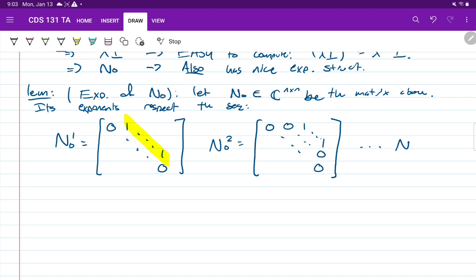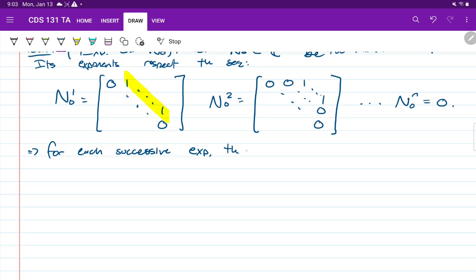This continues all the way until we go to n to the n, at which point we get the 0 matrix. At this point, this final 1 is kicked out of the matrix, and we're left with all 0s everywhere. So for each successive exponent, the diagonal of 1s shifts 1 to the right. This is very predictable.